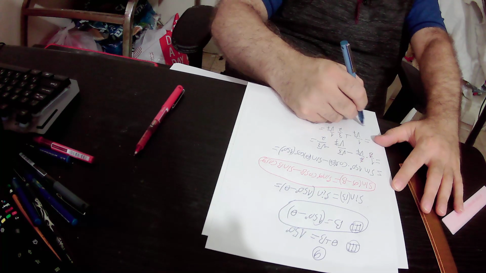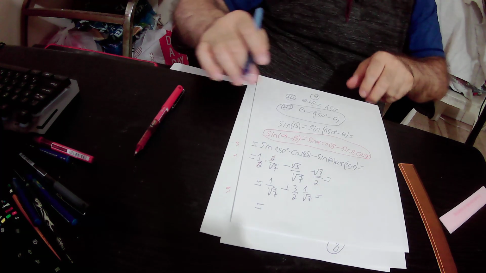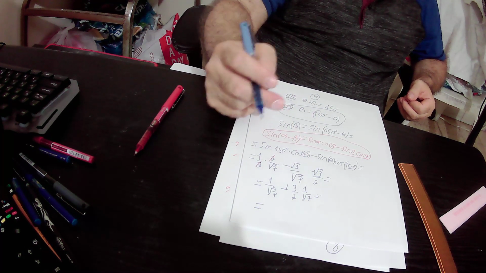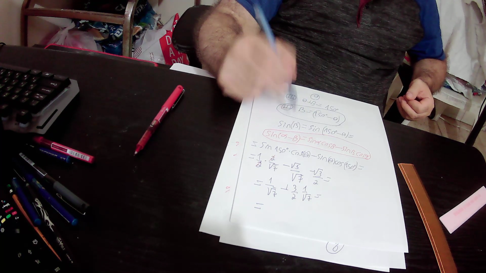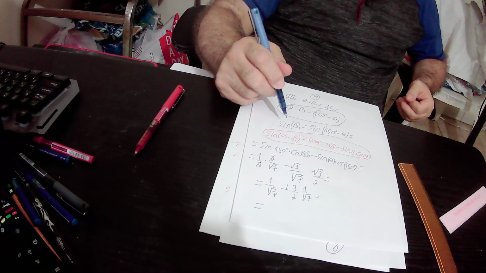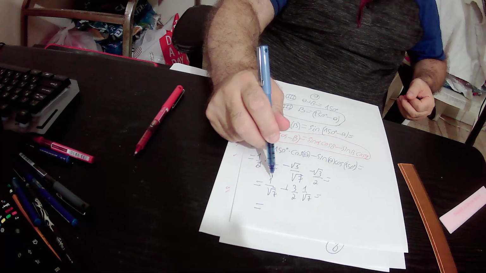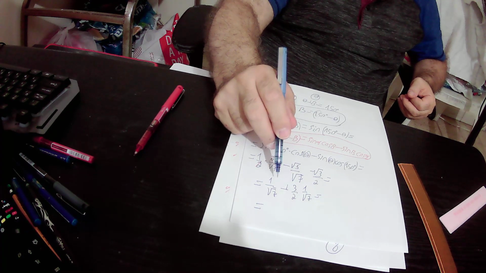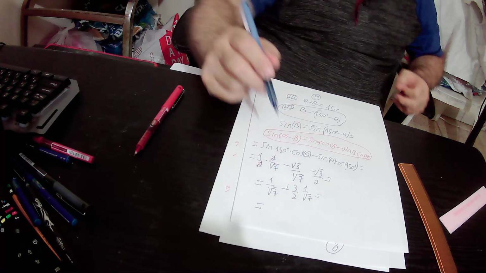Okay, so we got that 1 over root 7 plus 3 over 2 times 1 over root 7 is the value of sinus 150 degrees minus theta, which equals sinus beta. In the next step, we will take out 1 over root 7 as a common factor of this expression.